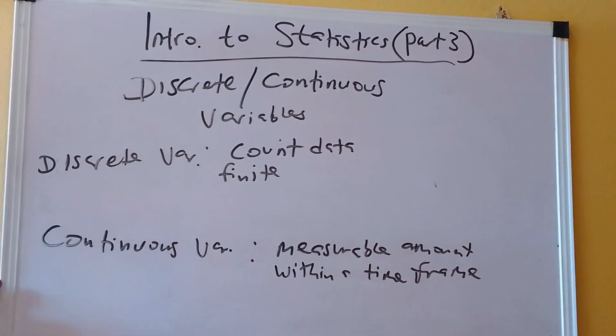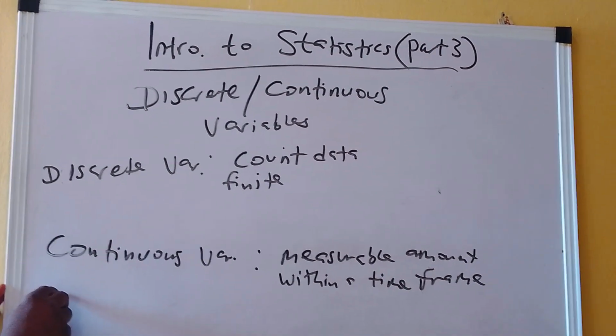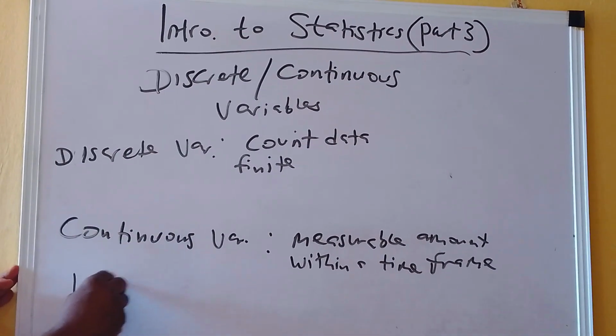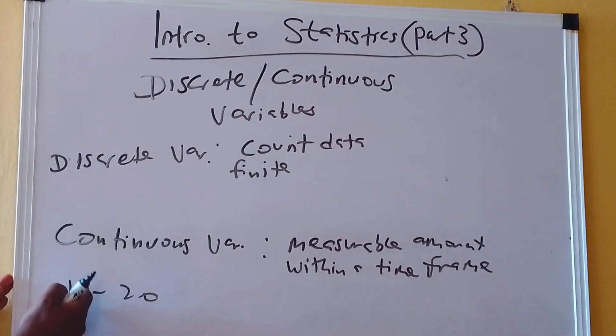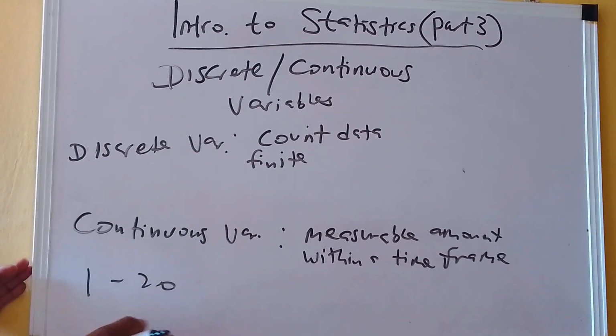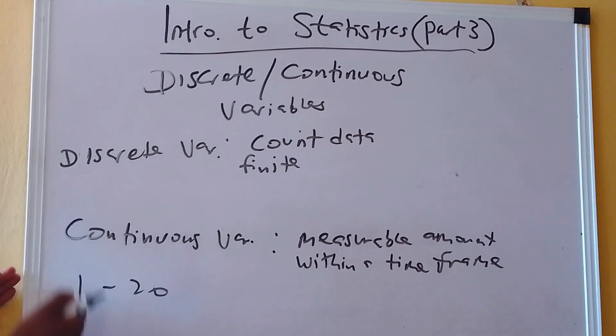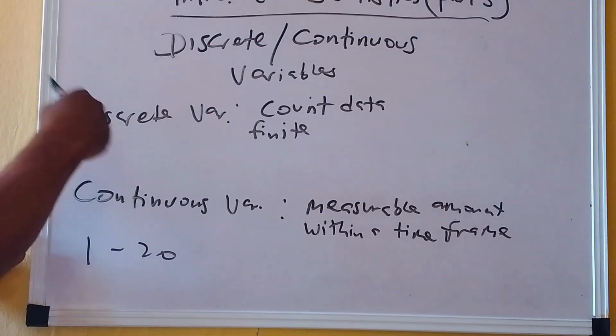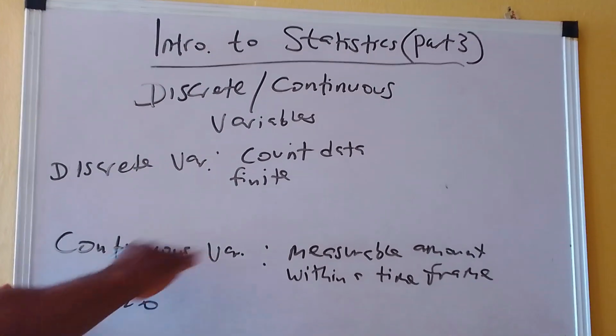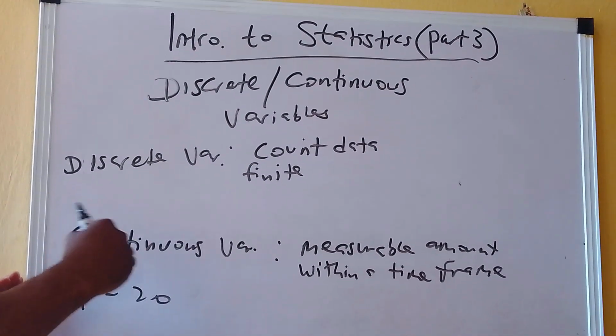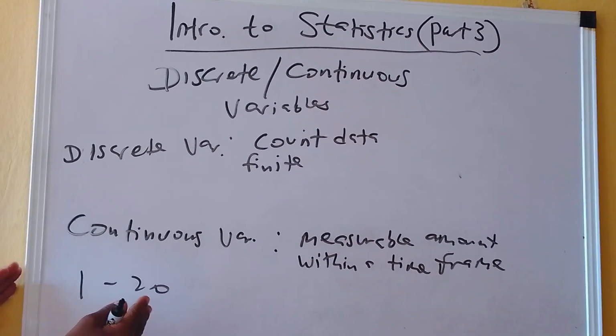I give an example: the height of a boy from his first year to his 20th year. The height is measured, a child is expected to be growing. The first year you measure the height, the second year you measure, it keeps increasing, so it varies and it's continuous. So that variable there is continuous.